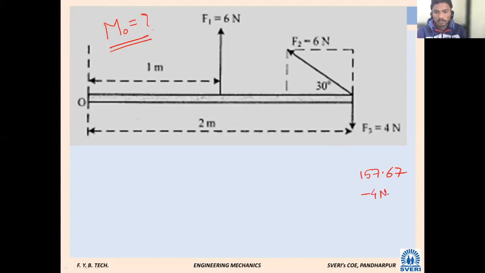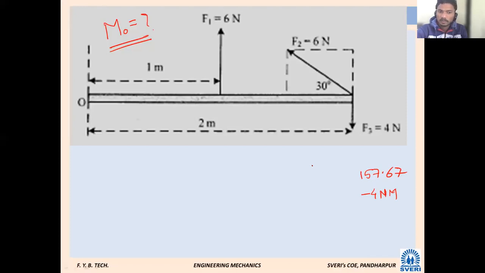Okay, don't worry. Kavde, 23: same, minus 4 Newton meter. Pranali, what can we say? Minus 4 Newton meter. Okay, you are also minus 4.